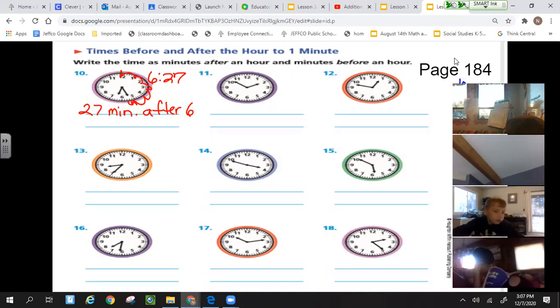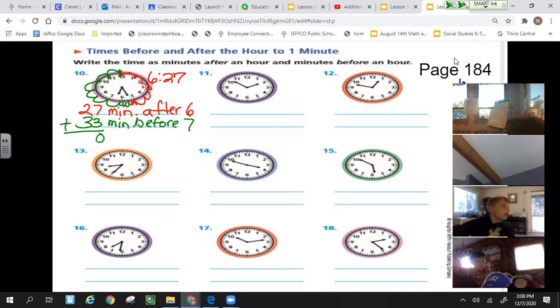I'm going to start at the 12 and go backwards till I get to that minute hand. Watch what I'm going to do. 5, 10, 15, 20, 25, 30. Oh, this is much easier. 31, 32, 33. So now I know 33 more minutes before 7.